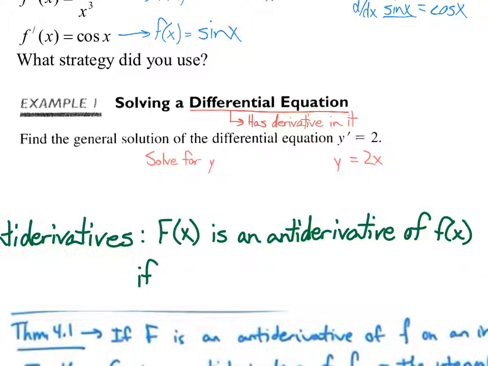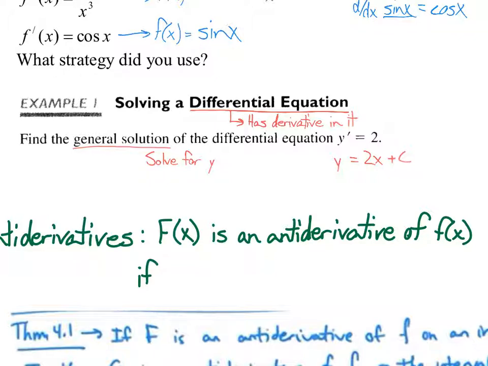So what we have here is we put a 2x plus c, and that is a general solution. Okay? That's a general solution for that differential equation. In order to get a specific solution, as we see at the very end of this lesson, you actually need a point on the original function.